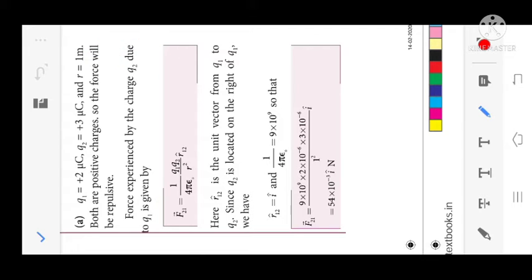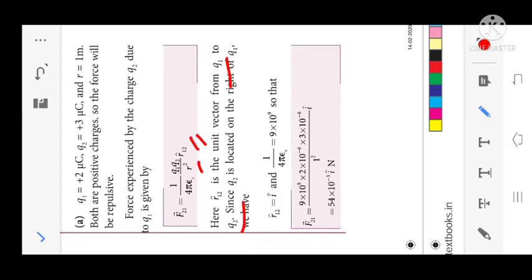F21 vector is equal to 1 by 4 pi epsilon naught, times the product of the two charges, Q1 Q2, divided by r squared, times the unit vector R12 cap. We know that R12 is the direction from charge 1 to charge 2.